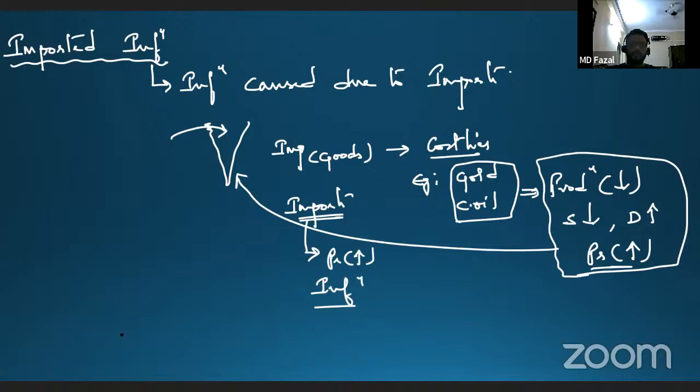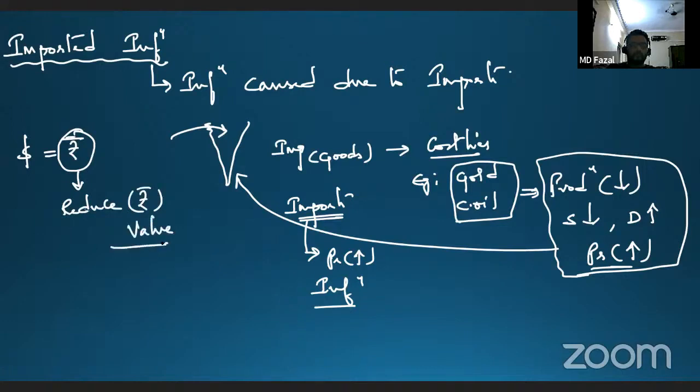Now, along with this, we can also say that, for example, if you consider dollar and rupee calculations, if you go into the value of your rupee, if you have to reduce your rupee value, you also have to reduce your rupee value.